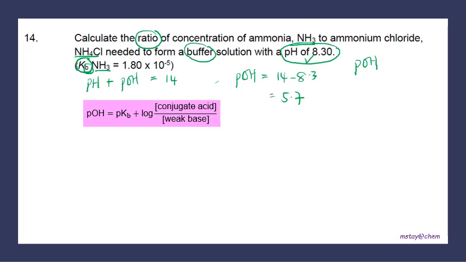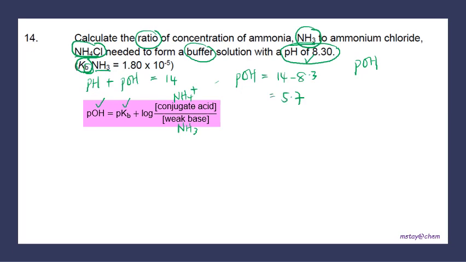Then we write the Henderson-Hasselbalch equation. We have the pOH value, so we are able to determine the pKb value. The log of the concentration of the conjugate acid, in this case NH4+, over the weak base, NH3. However, the question asks us to determine the ratio of NH3 to NH4+, so after we get the ratio for NH4+ over NH3, we need to reverse the fraction.